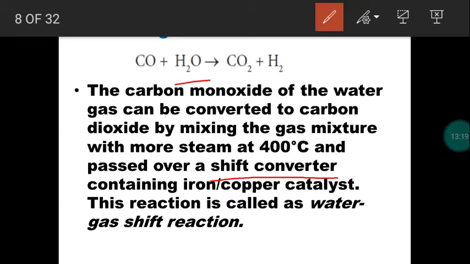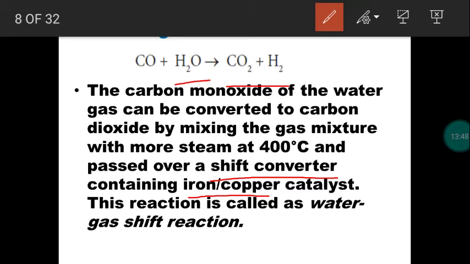The vessel is called a shift converter, where we are using iron or copper as a catalyst. So when steam is passed over this water gas at 400 degrees Celsius in the shift converter, iron or copper is acting as a catalyst. So thereby we get a mixture of carbon dioxide and hydrogen.